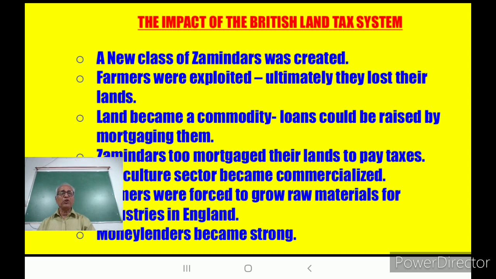Whatever the farmer produced was not enough to pay the taxes to the British because the famine, the drought, the natural disasters, the plague, the flu, the smallpox, all these made the farmers in the country get exploited.